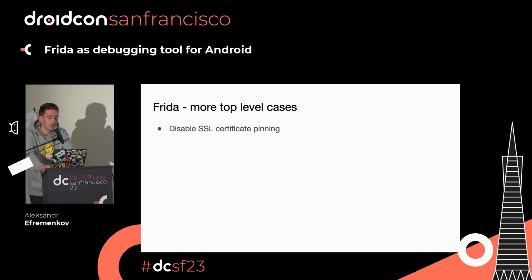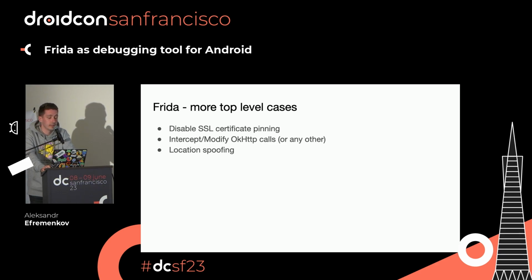If for some reason you are using SSL certificate pinning in pre-live, you could somehow disable it. Also, you could intercept and modify OkHttp calls and any other calls, to be honest, because the community has already created a decent number of tools for playing with the responses as well. You could intercept and replace them at runtime.